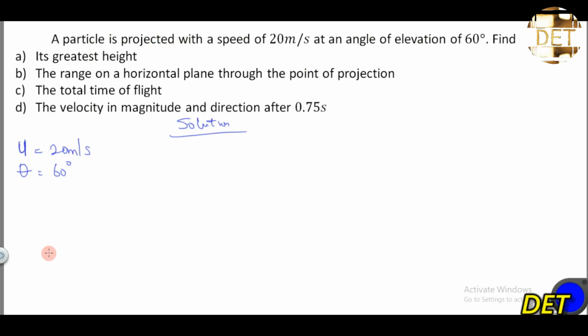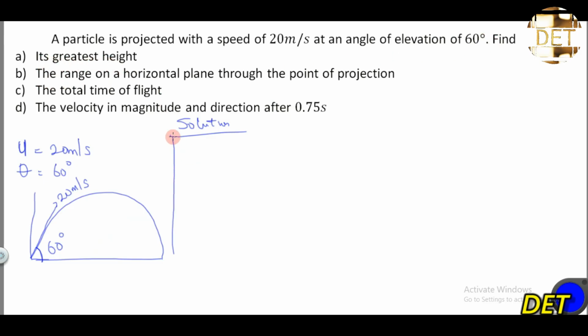If I draw a pictorial representation of this motion, the object is projected with a velocity of 20 meters per second at an angle of elevation of 60 degrees.